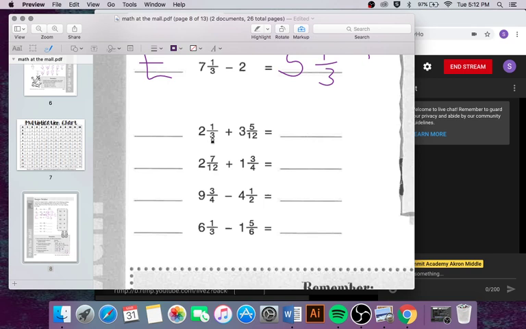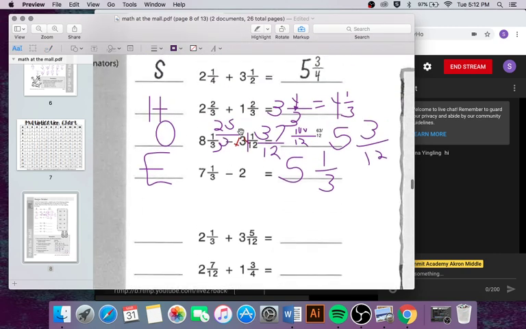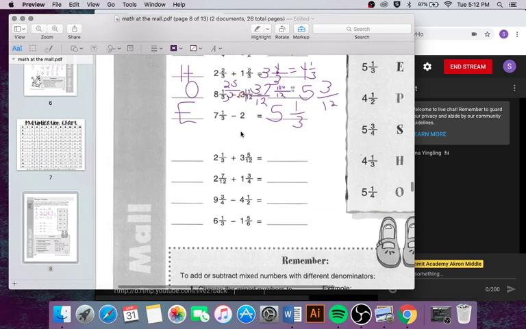We have to change both of these into improper fractions. So again, we do that by multiplying the denominator times the whole number, and then we're going to add the numerator. So 3 times 2 is 6, plus 1 is 7.